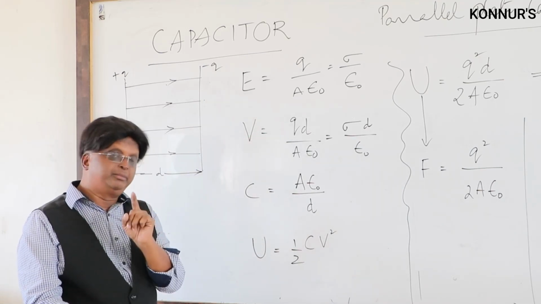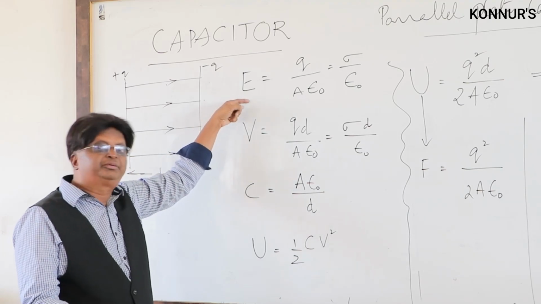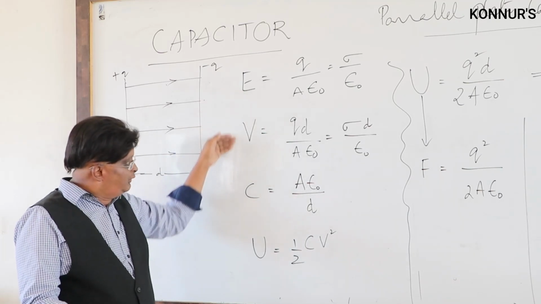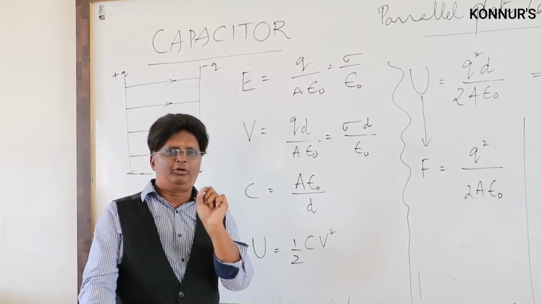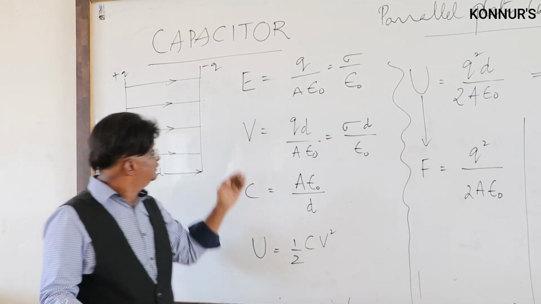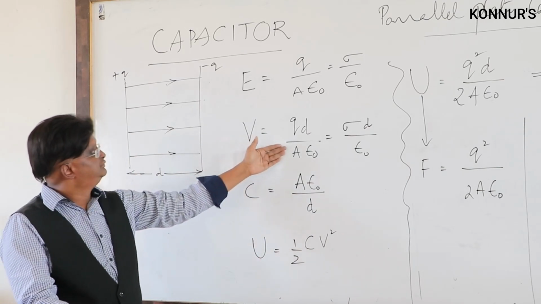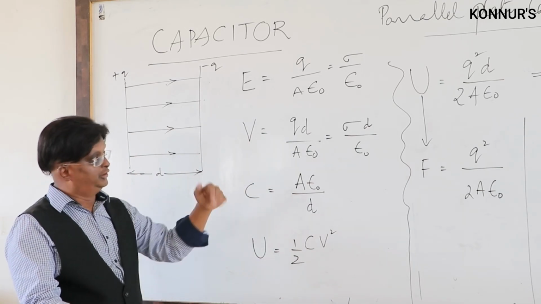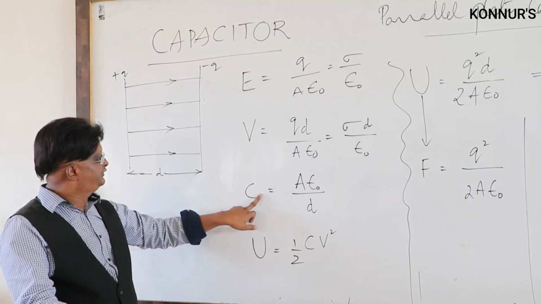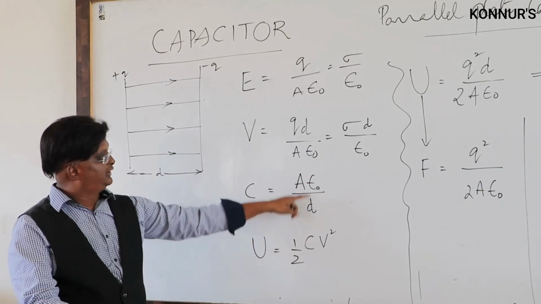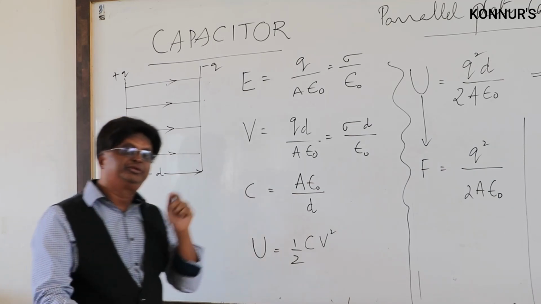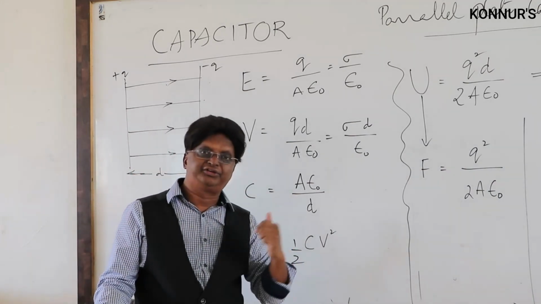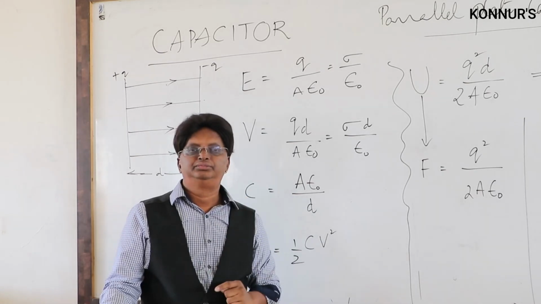Remember, if I simply remember one expression, that for E, all the other parameters that follow are not a memory, just a very small simplification. V is equal to ED gives the potential difference. Already we have got an expression for capacity, A epsilon naught by D. Now comes another important aspect, the energy stored in a capacitor.